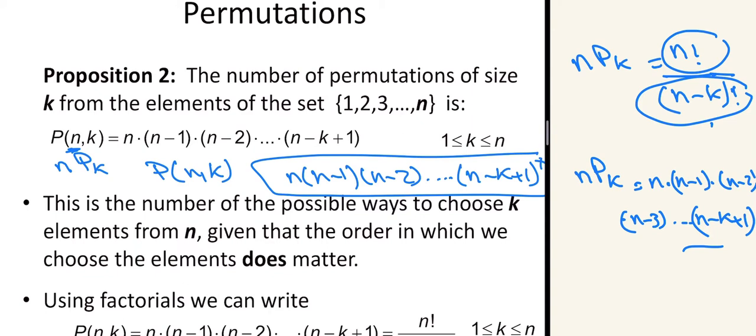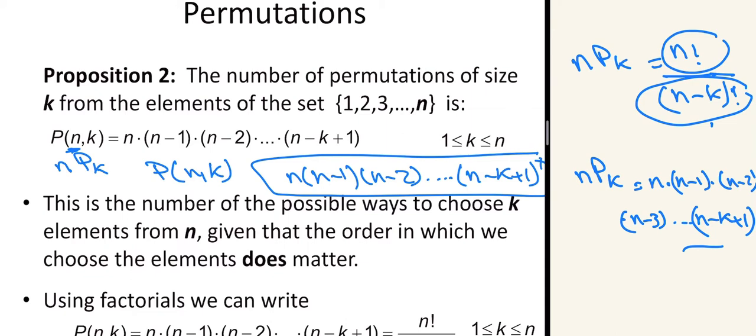But in the factorial cases, it can be 0. 0 factorial means 1. So n can equal k. That's why you find here n and k could be equal. But the point here is that k cannot be more than n, because in this case it will be a fraction.